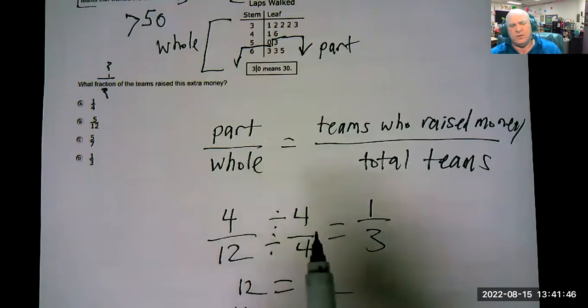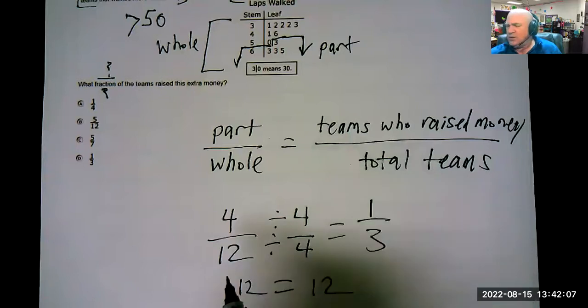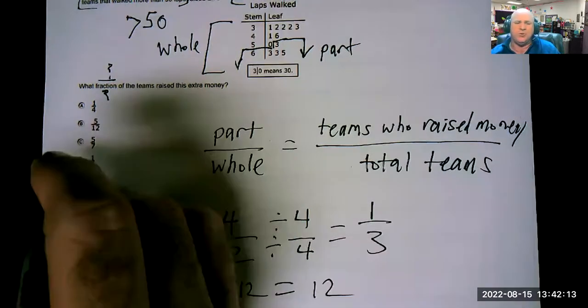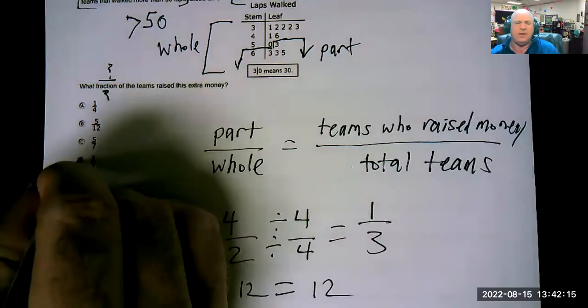So the division property of equality says that if I divide a number on the top and divide the same number on the bottom, numerator and denominator, I will get an equivalent fraction. So 4 divided by 4 equals 1. 12 divided by 4 equals 3. That's 1/3 of the teams who were able to raise the extra money.